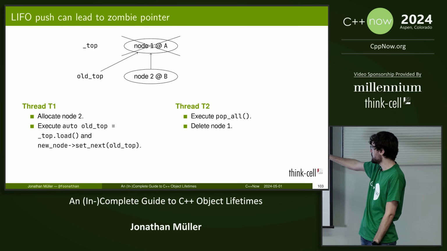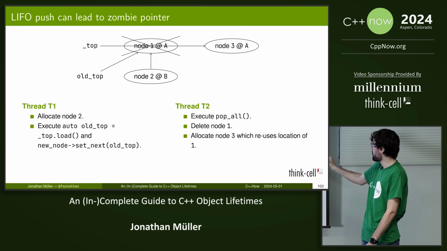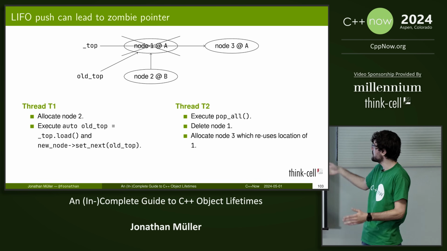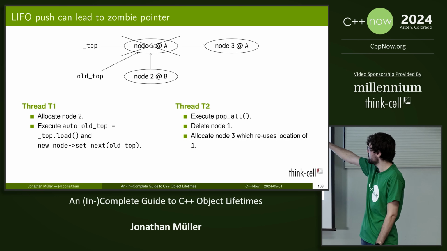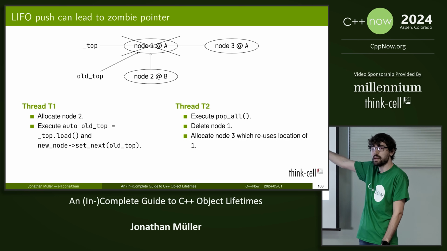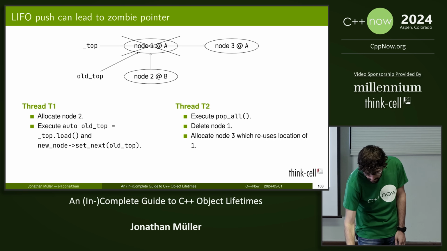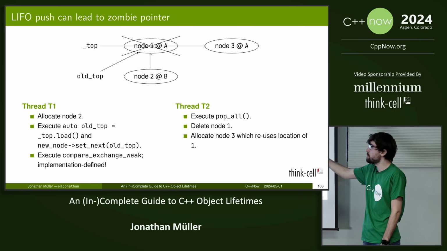So let's say we're in this situation. We've deleted node 1. Then we allocate node 3, which happens to reuse the memory address A. And we successfully push that onto the stack, right? So top points to node 3, and old top points to the deallocated node 1, whose memory just happens to be reused. The compare exchange weak is implementation defined because of the invalid pointer value.